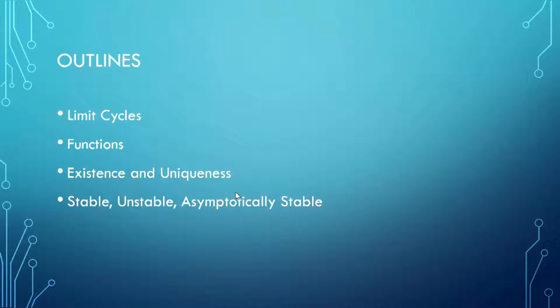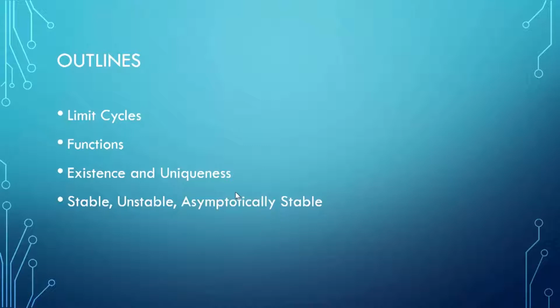But since it's hard to solve, we assume that it cannot be solved. So because you cannot solve it, how do you evaluate whether the solution exists? And if it exists, is it unique? Those are two different questions.